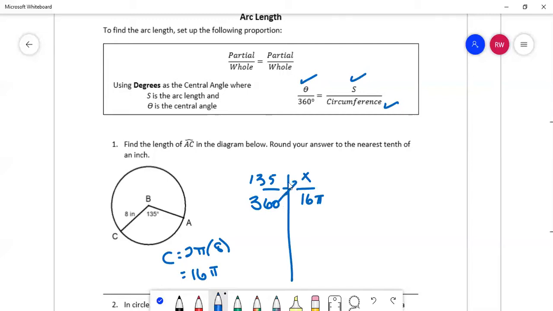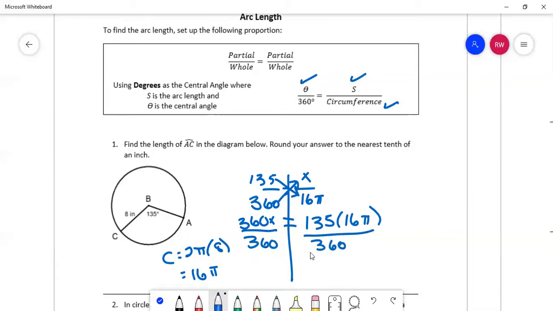Let's cross multiply here. 360 times x, I can do that as 360x, is equal to 135 times 16 pi. To get x all by itself, I just have to divide both sides by 360. I'm only dividing by 360, one number, so I can do this all in one fell swoop.